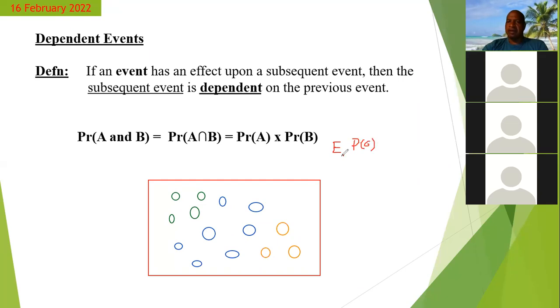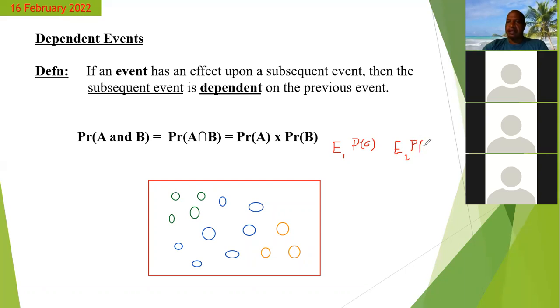What's the probability of drawing a green marble in event 1? And then we have a subsequent event, which is event 2, the event that follows. Now we want to find the probability of drawing a blue marble.